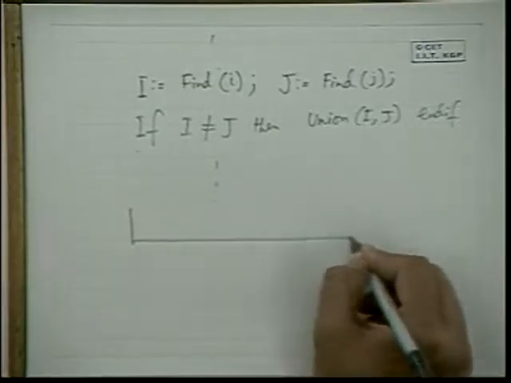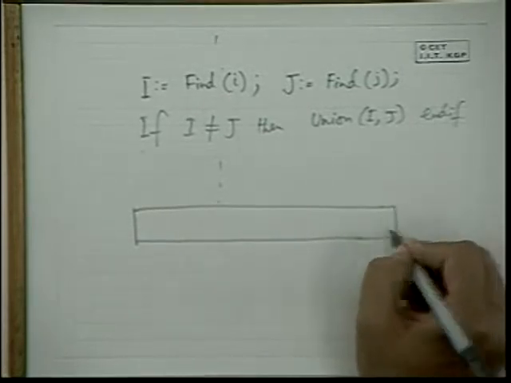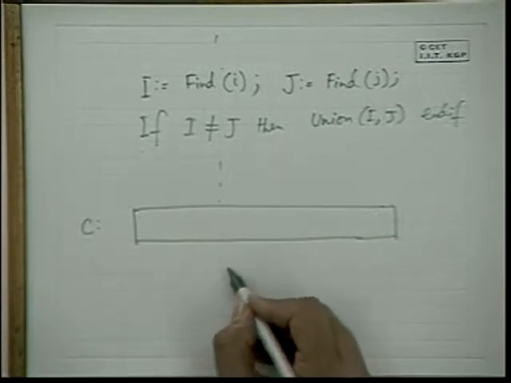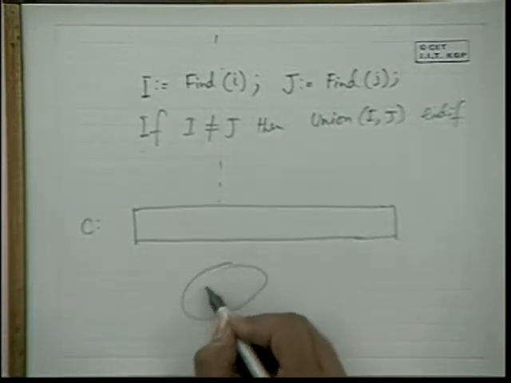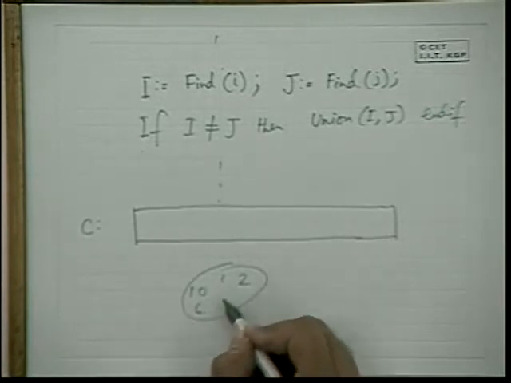Now let us see how do we represent this set of sets. So here is one representation. So what we will do, we will maintain an array C, and suppose we have the set, say 1, 2, 10, 6, 3.